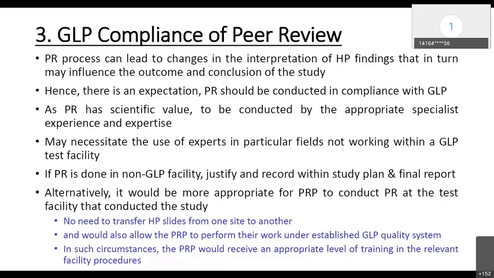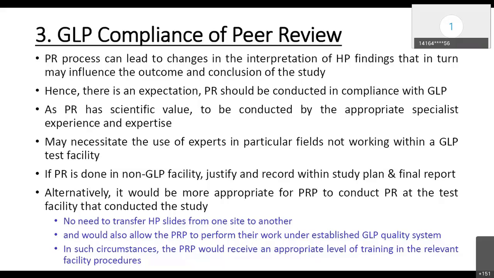In such cases, you do not need to transfer histopathology slides from one site to another, but allow the peer review pathologists to perform their work under the established GLP quality system by training them on the relevant procedures of the test facility. The OECD principle clearly says that it should be done in GLP.